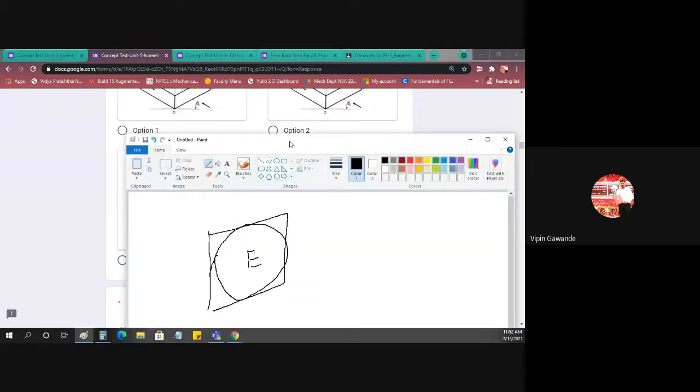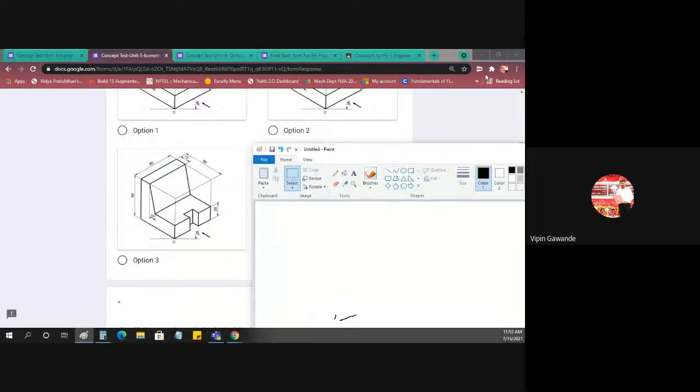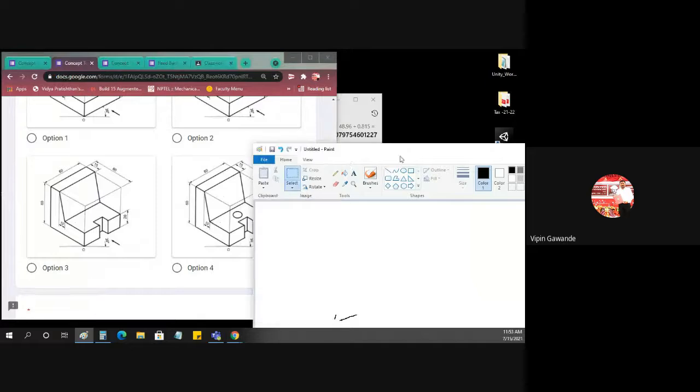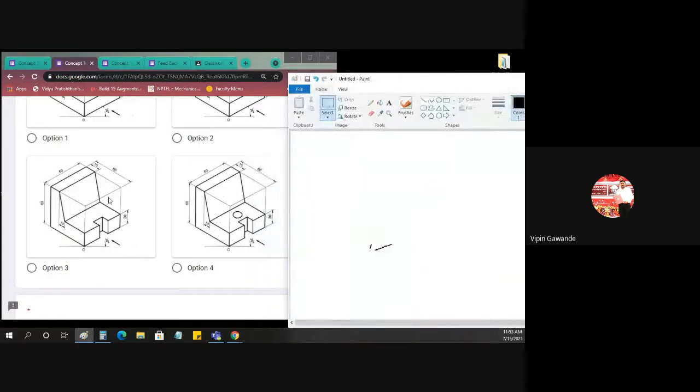Okay, so how do we get the dotted lines? See for this option, what will we get? The left hand side will be like this. It is something like this, like this, and here like this.